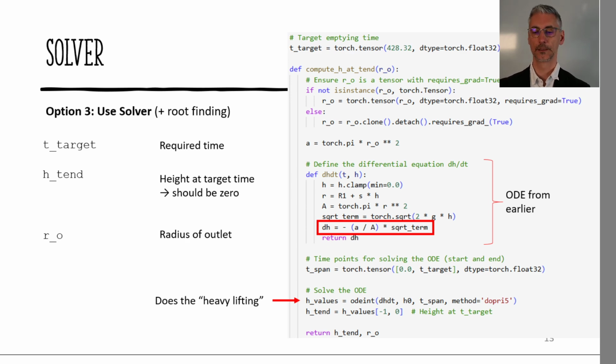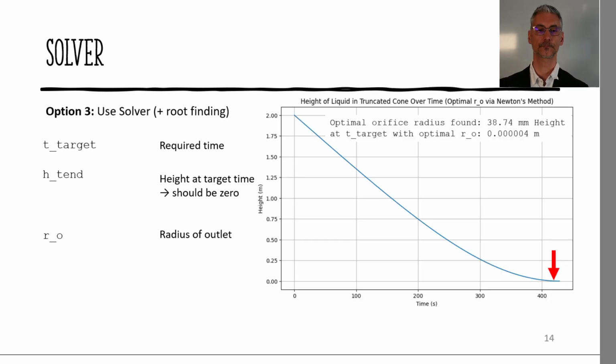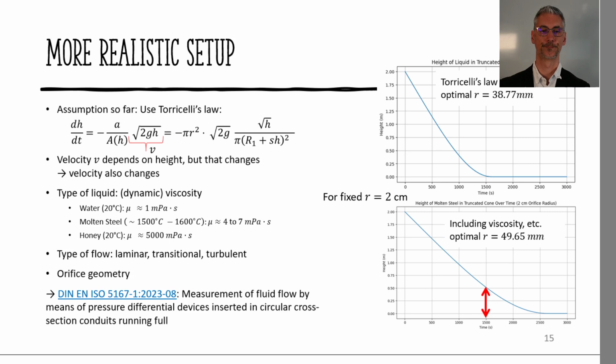And if you see down there, odeint, this is the package that solves the differential equation for us. And if we do this, it pretty much finds the same optimal orifice radius. And there's only a few microns of steel left, and of course, in a realistic system, that's empty.